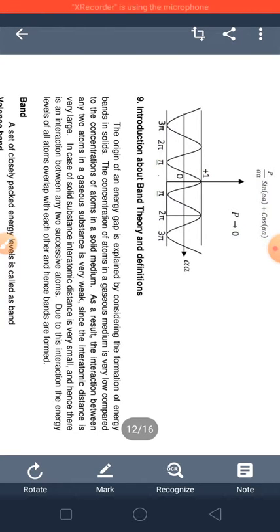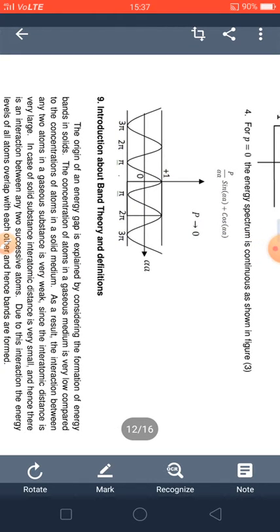There are three points. According to the first point, the width of allowed bands goes on increasing. If P tends to infinity, then the width of the allowed energy bands becomes narrower and very thin, we can say it becomes a line spectrum.